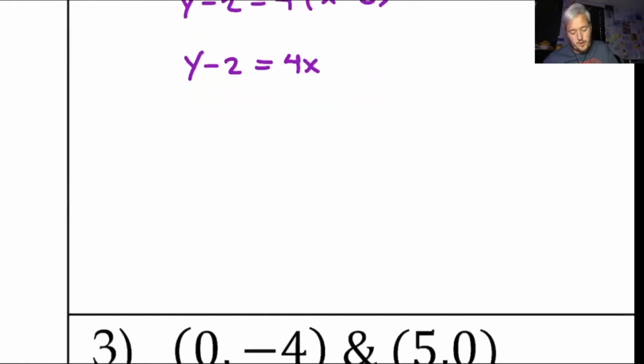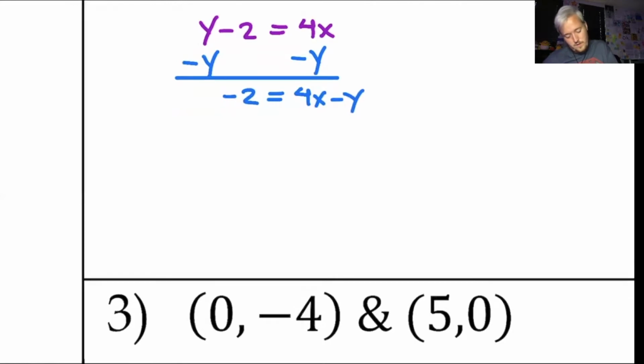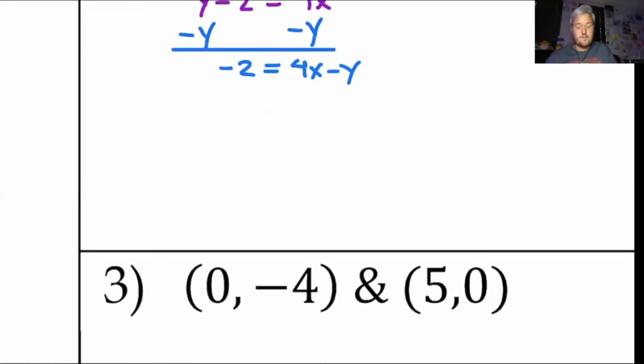It's my pivot point. So I'm going to subtract y. So I have negative 2 equals 4x minus y. Now I just got to switch it over. So 4x minus y equals negative 2. There is your standard form.